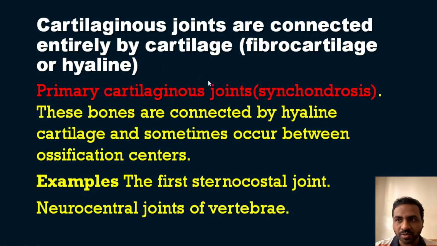Primary cartilaginous joint is otherwise known as synchondrosis, and these bones are connected by hyaline cartilage, not fibrocartilage, and sometimes occur between the ossification centers. The examples you should understand: the first sternocostal joint, then the neurocentral joints of the vertebrae. All these are examples of primary cartilaginous joint.